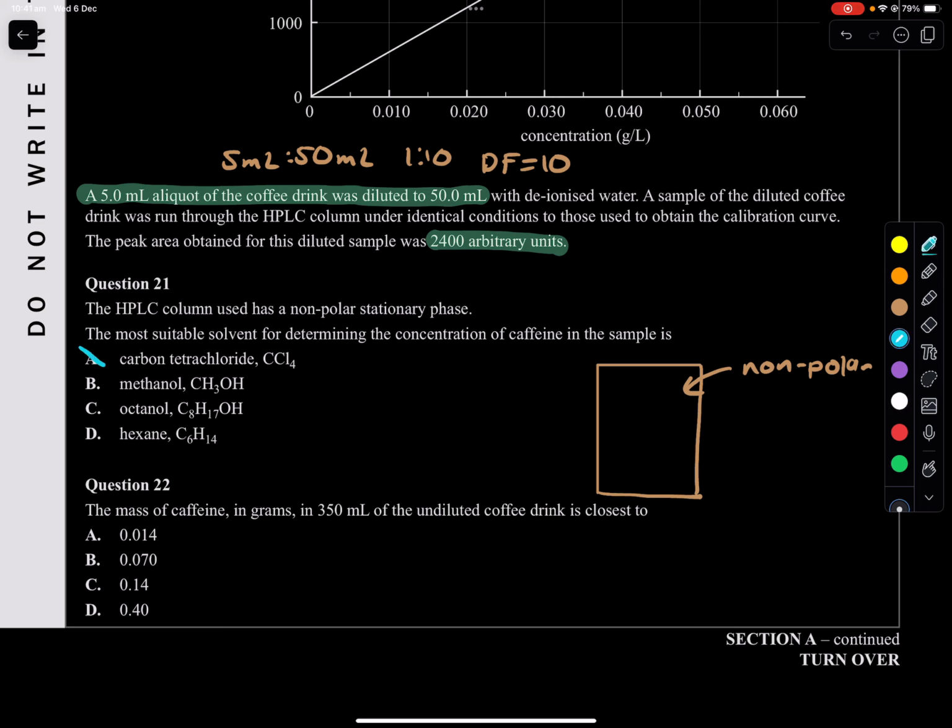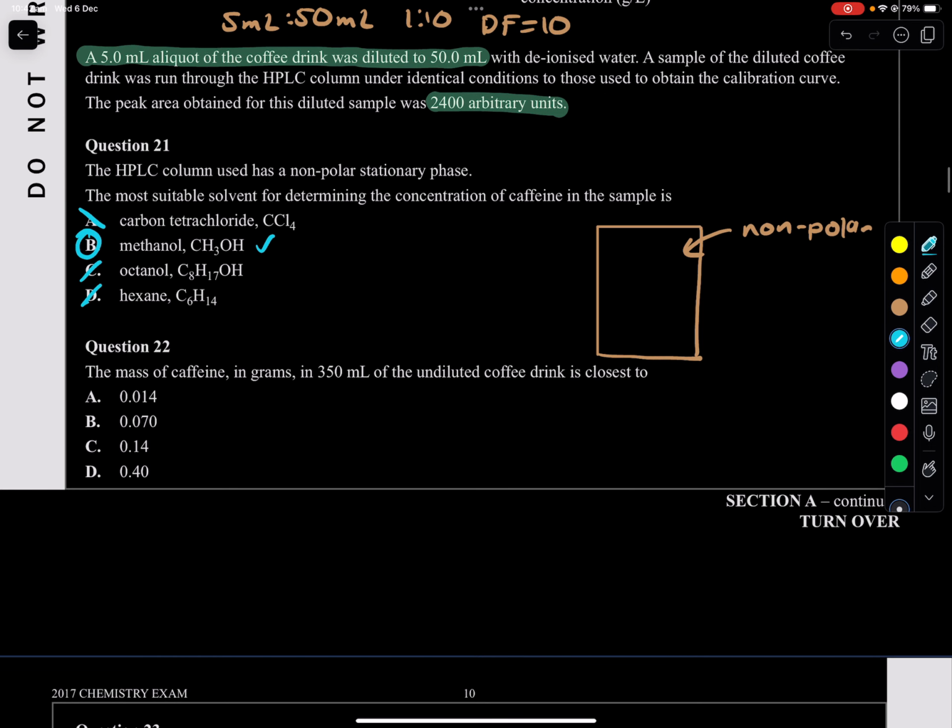We want polar. Methanol, okay. OH, so that's polar. And it has a very small non-polar side, so that could be it. Octanol, okay, it has a polar side, but it has a much larger non-polar side. So in comparison to methanol, C would be wrong. Methanol is better. Hexane, okay, hexane, absolutely, it is non-polar. So B would be a possible answer for that one.